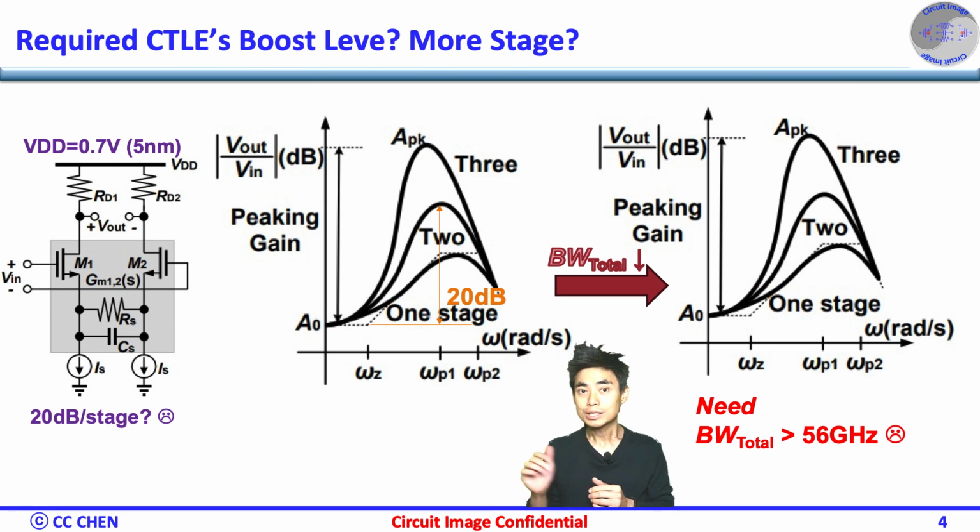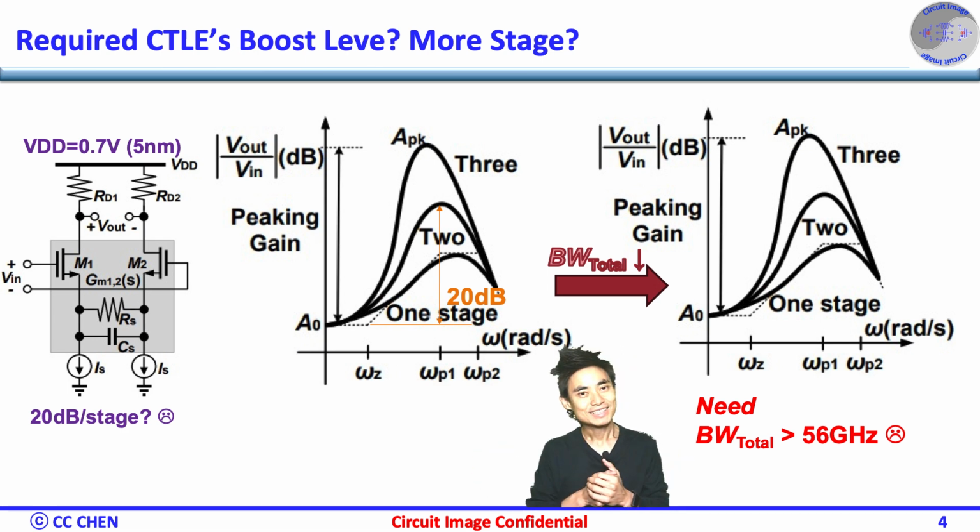Unfortunately, a 20 dB peaking gain or boost of the CTLE could be challenging in a low supply voltage 5 nanometer process. What can we do? Bingo, just make 2 stages of CTLEs, which should be easy. Are you sure, for 224 gigabit per second with more than 56 GHz required peaking bandwidth?